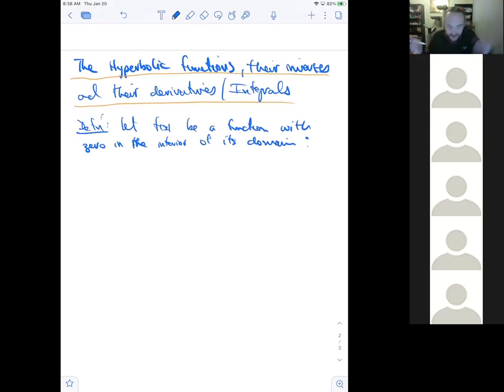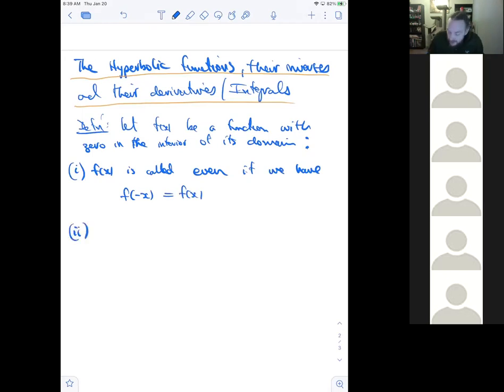If 0 is not in there, then we can't go across it. It makes no sense. So 1, f of x is called even if we have that f of negative x equals f of x. So it spits out this, and then we have symmetry.